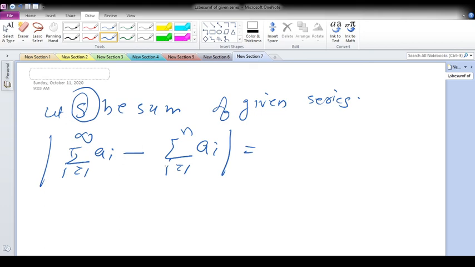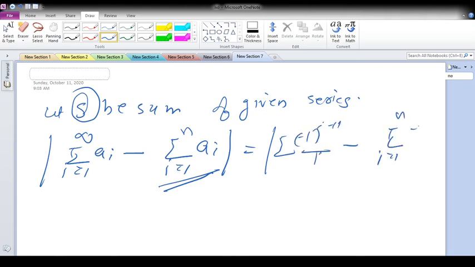So the error is summation (-1)^(i+1)/i minus summation i equal to 1 to n (-1)^(i+1)/i, and this is less than 1/(n+1).